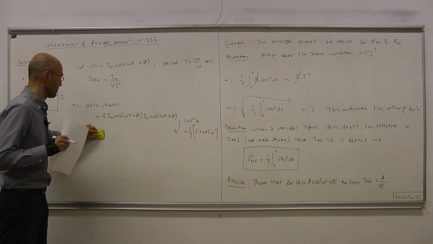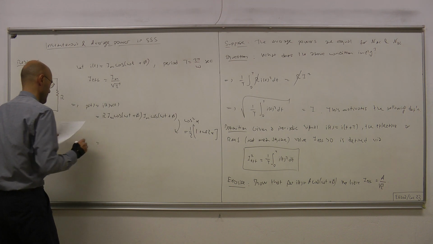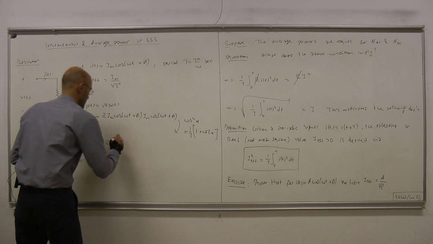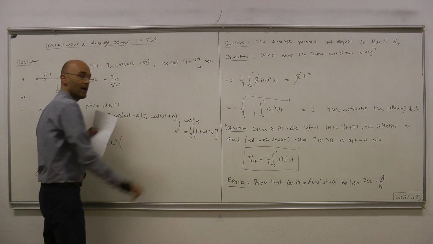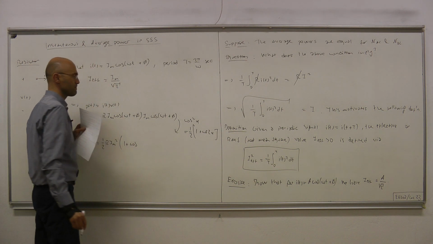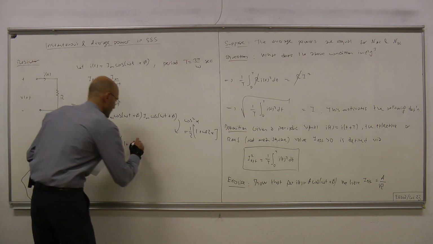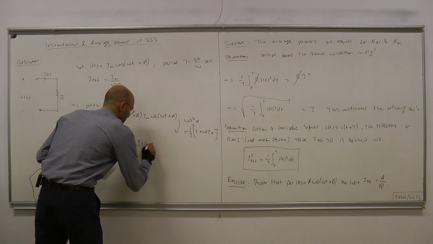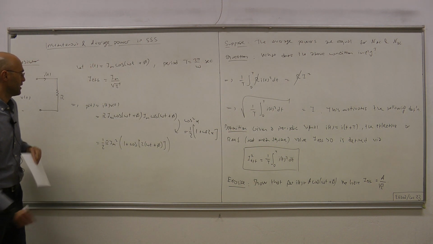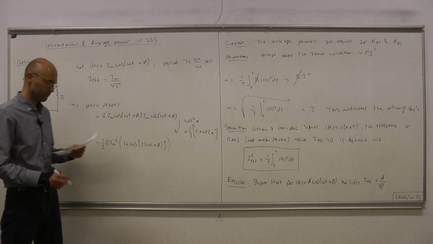So if we do that, we can rewrite p of t as that equals 1/2 R Im squared. Then that's multiplied by, using that identity, 1 plus cosine 2 alpha. This is our alpha, omega t plus phi. Therefore, we have 2 omega t plus phi. Okay, so that's the instantaneous power for our resistor.